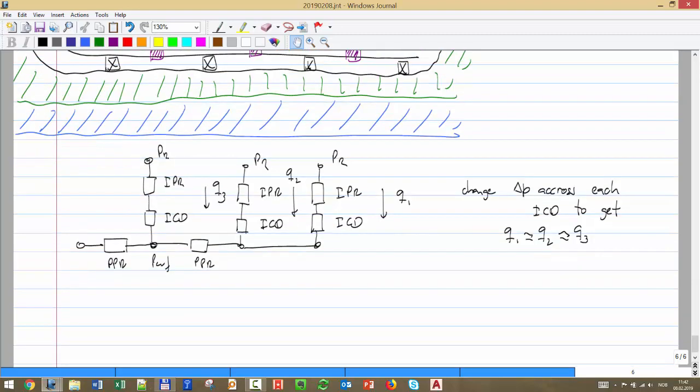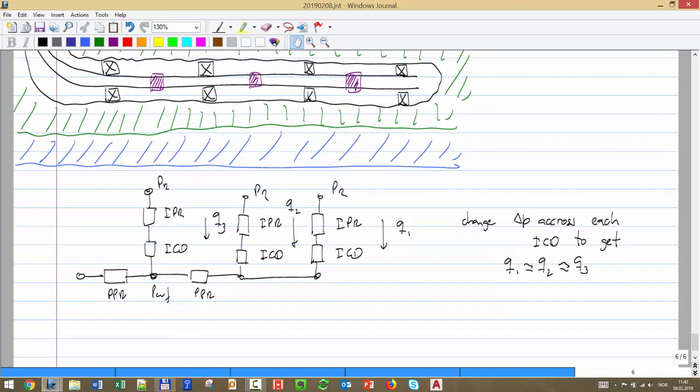And then I have to regulate to get that. More or less clear? Okay. So with that, I think that's all I wanted to say on networks.